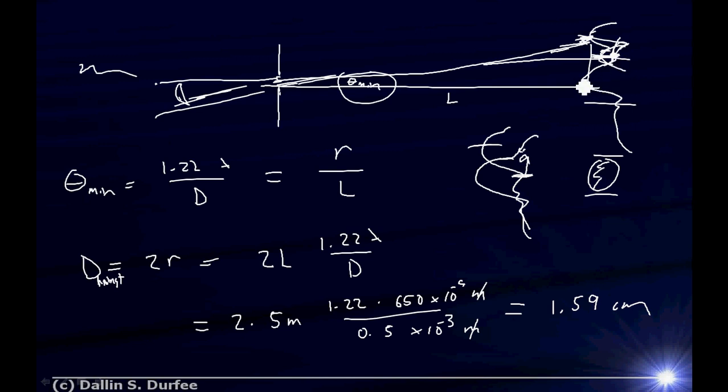So that angle tells me where the first minimum is. I go to the minimum on either side, and I get this, right? So either side, I did 2 times r, because I'm going from here to the other side. And there's my answer.